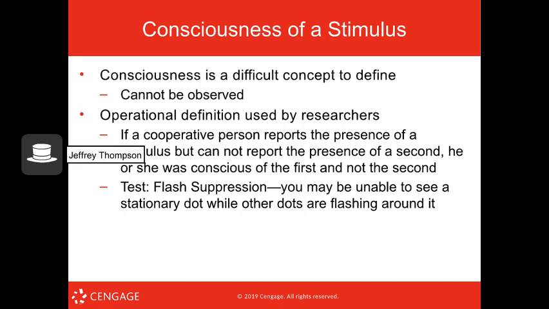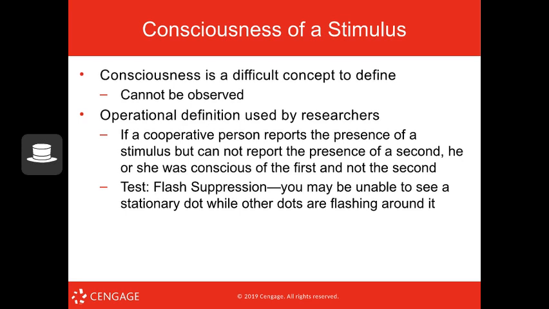So consciousness can be difficult to define because it's very hard to observe. When we're trying to define it, we basically define it as if you can observe and respond to one stimulus, but there's a second stimulus that you do not respond to, then you were conscious for the first one and not conscious for the second one.